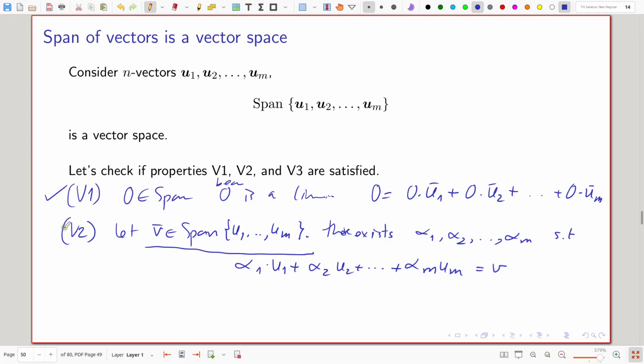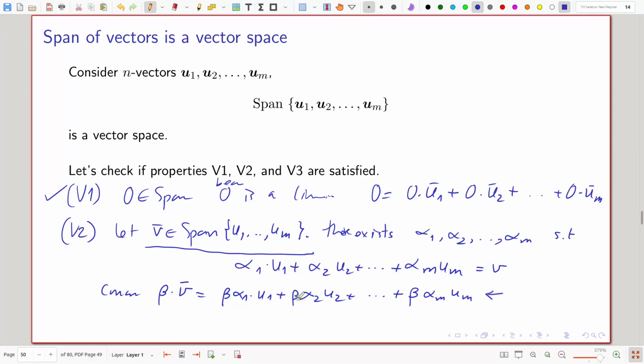Now, if we consider alpha v, oh, I just used the same symbol. So consider some beta v, some scaling of v. So beta v is going to be beta alpha 1 u1 plus beta alpha 2 u2 and so on up to beta alpha m um.